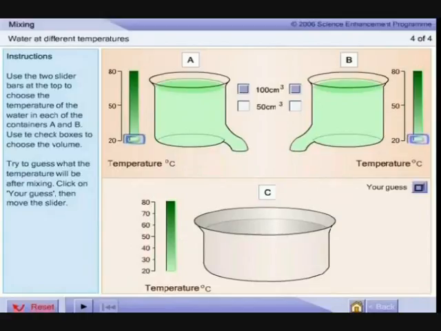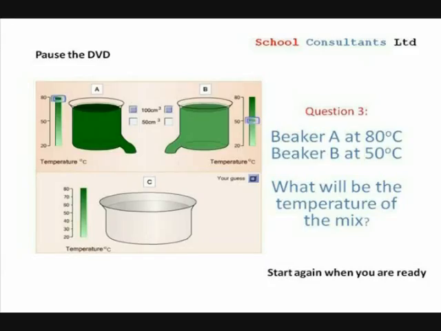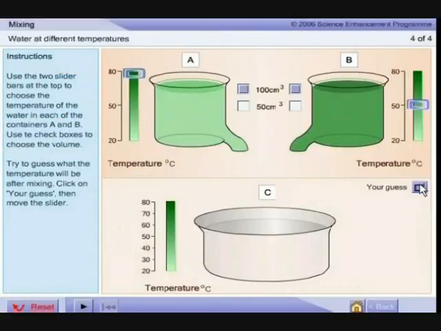Okay, question 3. Let's have beaker A at 80 degrees C and beaker B at 50 degrees C. What temperature will the mix be? Okay, well I guess just like before it's going to be in the middle.